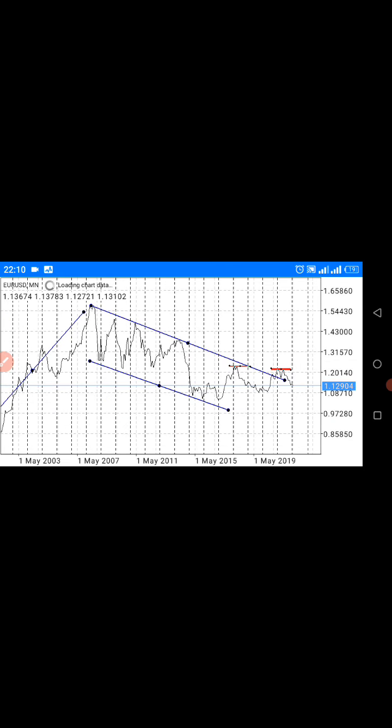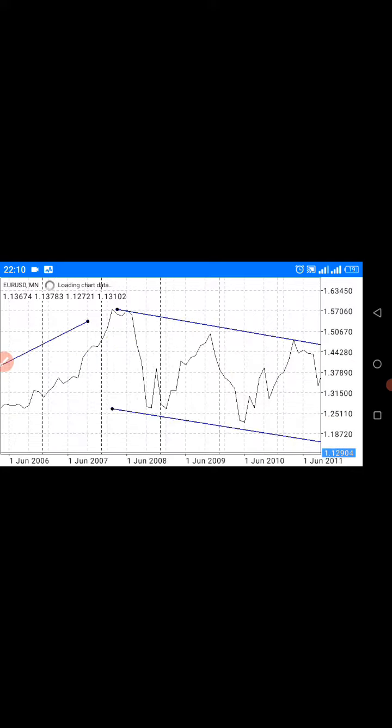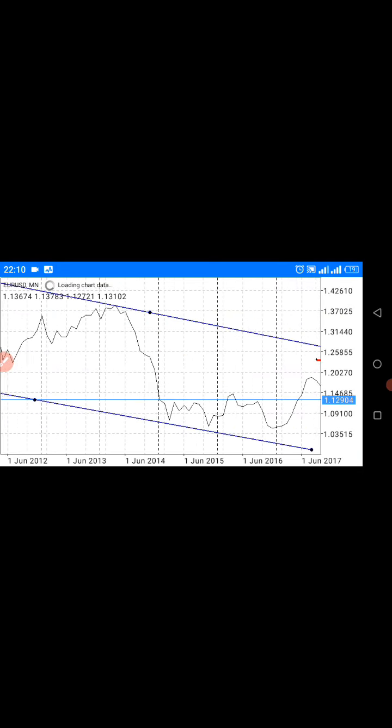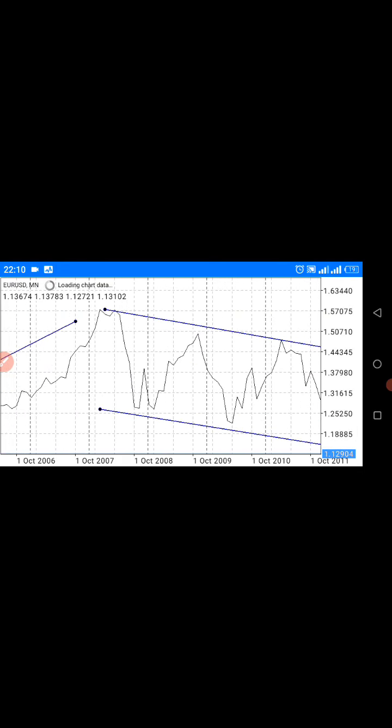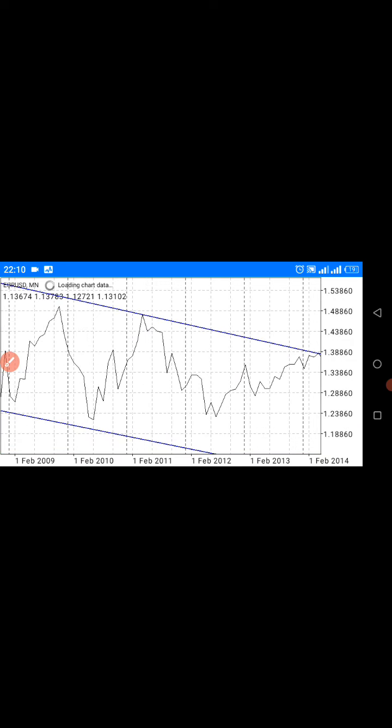So another thing is we can see another double top here. You can see this area. We are in a turning point area and we see this double top. So in this place we can take our trade, and you can see how those things move. Those things really move.